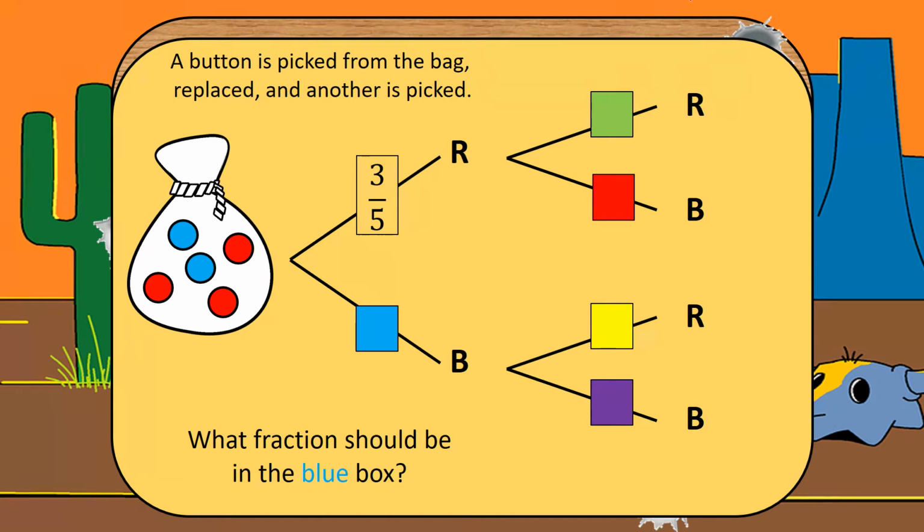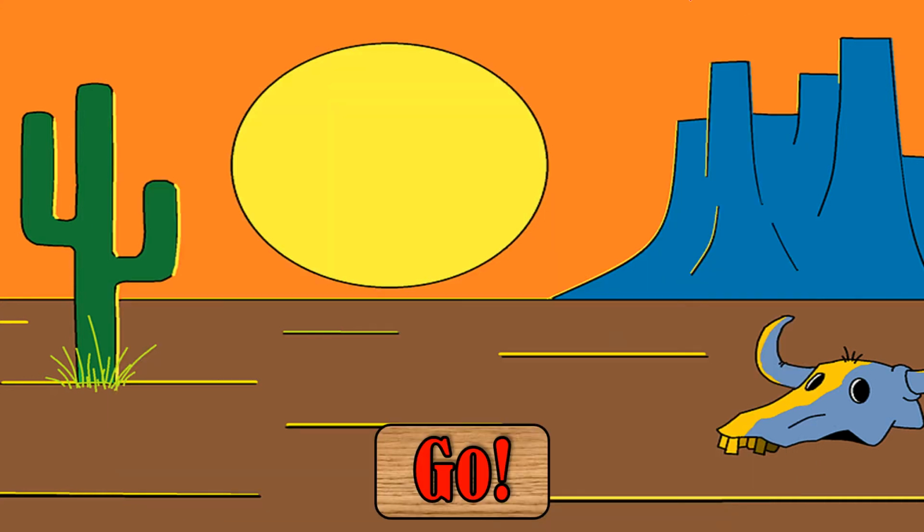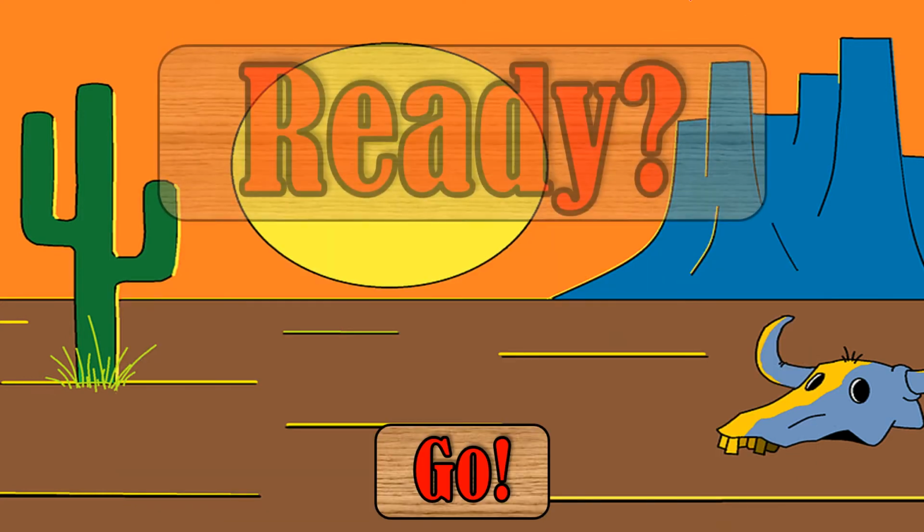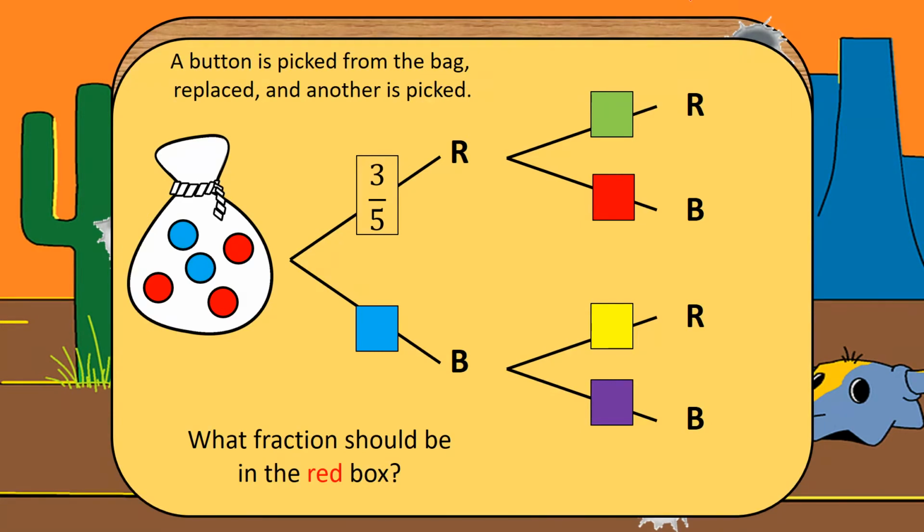Okay, you had a go. Who wants to offer what they think goes where the blue box is? 2/5, and you are spot on. Was that all right, Tarek? 2/5? Yep, same as before. All right, same diagram. The next one. What goes in the red box?